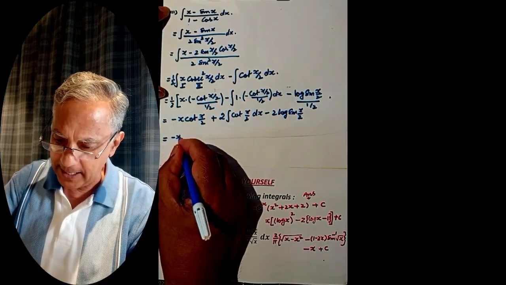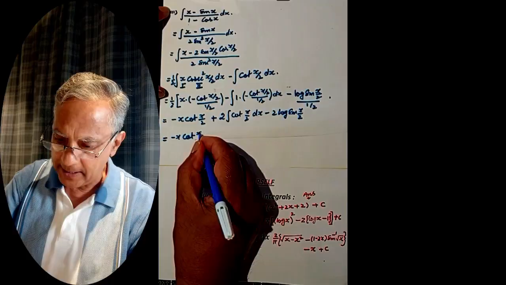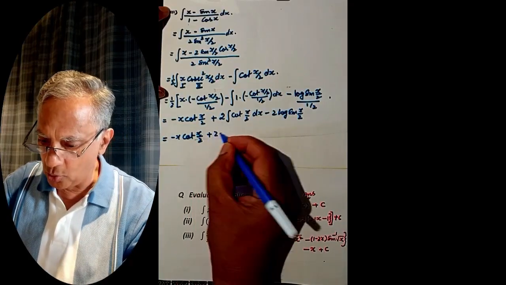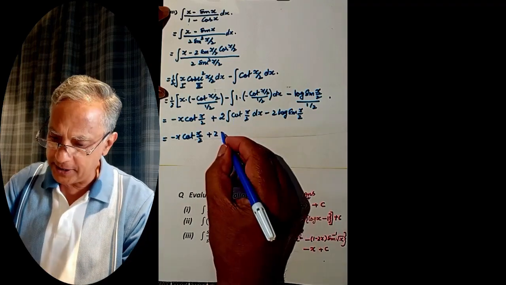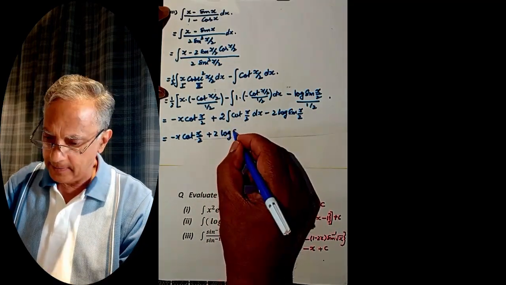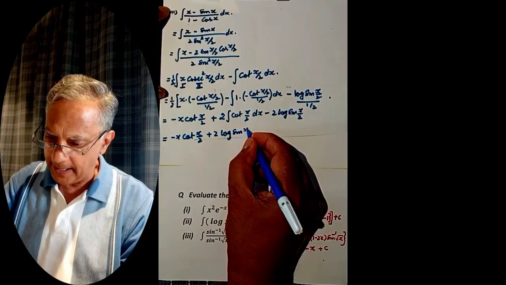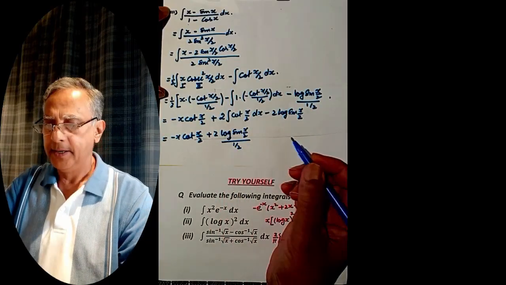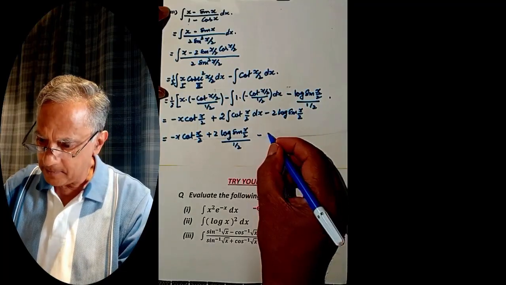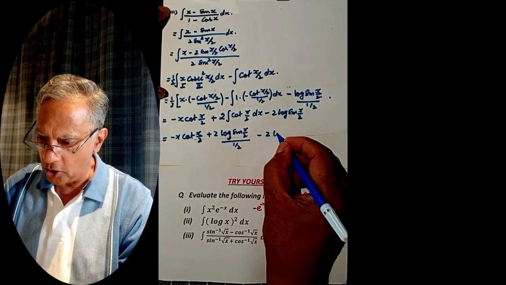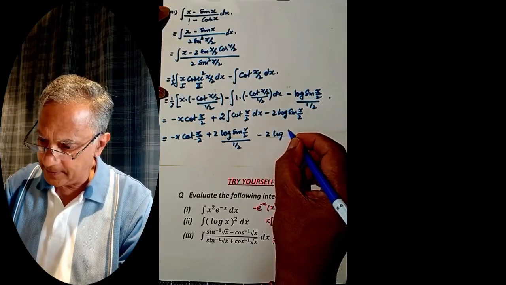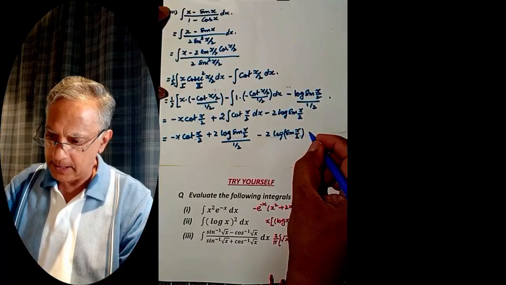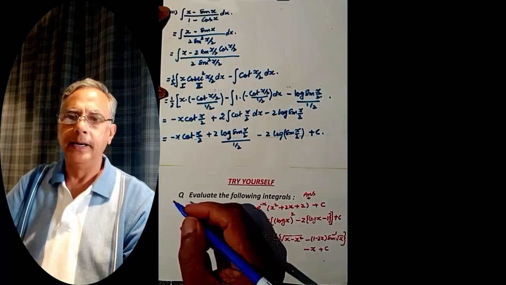This is equal to minus x cotangent x by 2 plus 2, and integration of cotangent is log sin x by 2 whole divided by 1 by 2, minus 2 log sin x by 2 plus constant of integration.